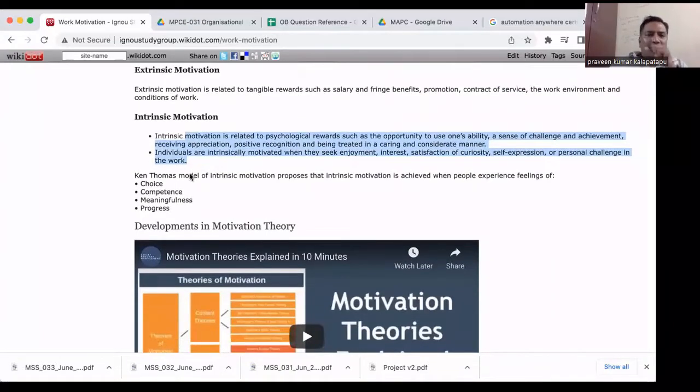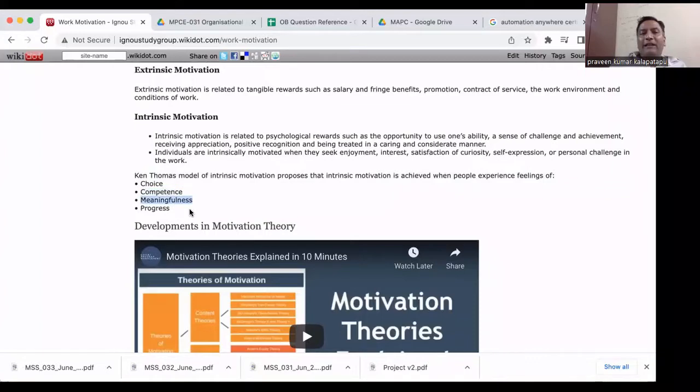so there is a model which is associated with this intrinsic motivation. Basically, intrinsic motivation gets experienced or achieved when people tend to have choice. So now you are choosing something by yourself, right? And you have a competence. You are competent to do a particular thing, and you think that you can do it better, right?